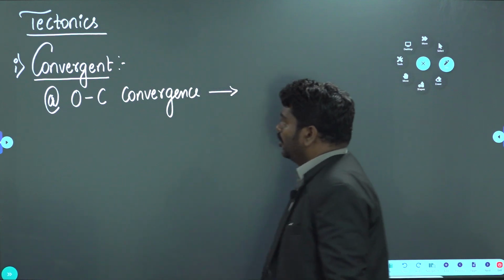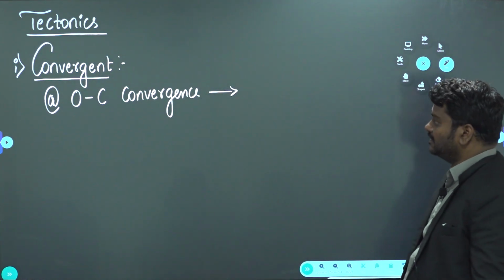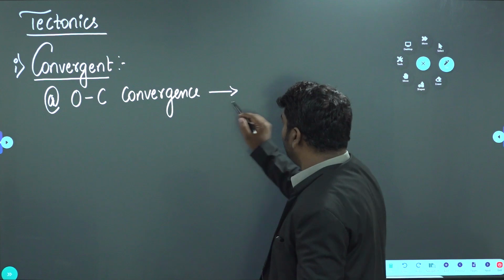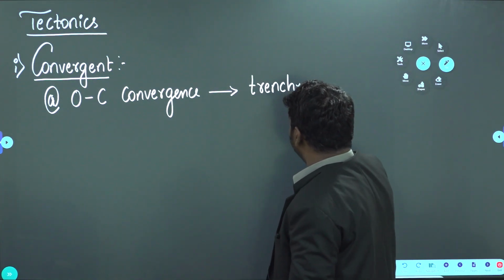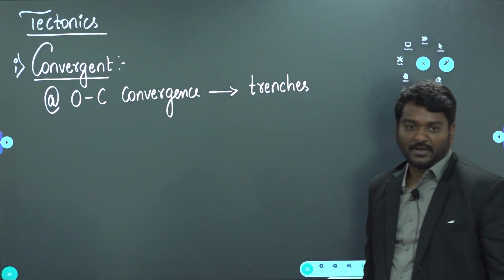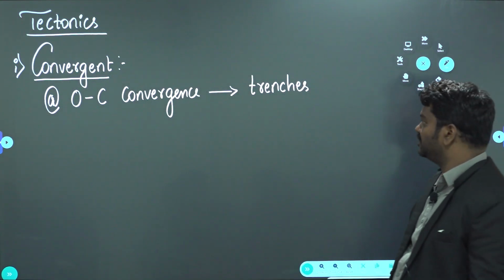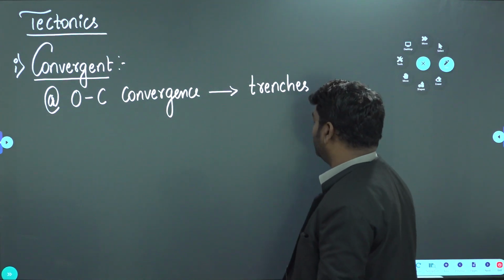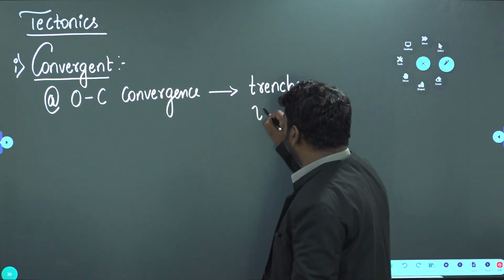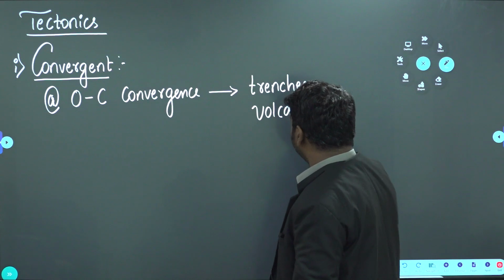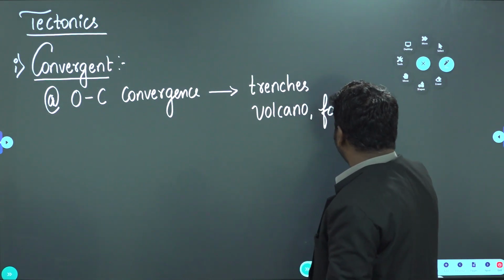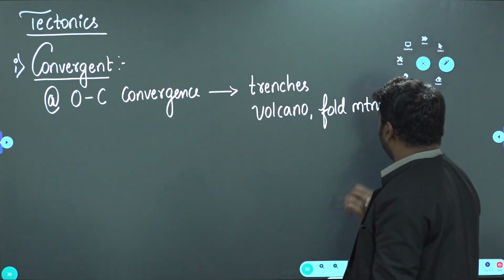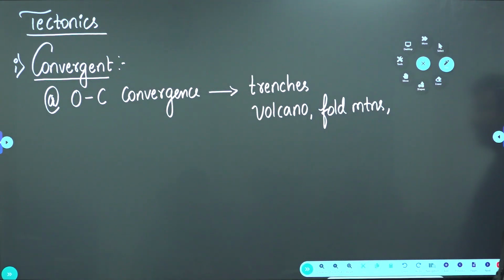Guys, ocean continent convergence is associated with trenches. Yes. They may ask you, trenches are associated with which one? Ocean continent convergence. It is associated with volcano and also fold mountains. Convergent boundary can also lead to fold mountains.